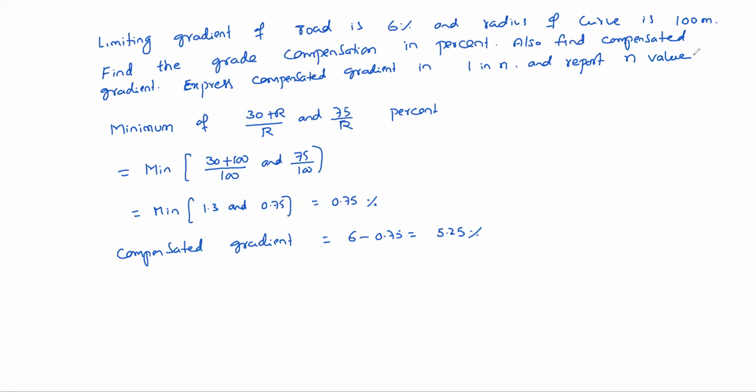If you express that value as 1 in n, what is the n value? 5.25% is nothing but 5.25 by 100, that equals 0.0525. That equals 1 by how much? 1 by 0.0525 is 19.04.